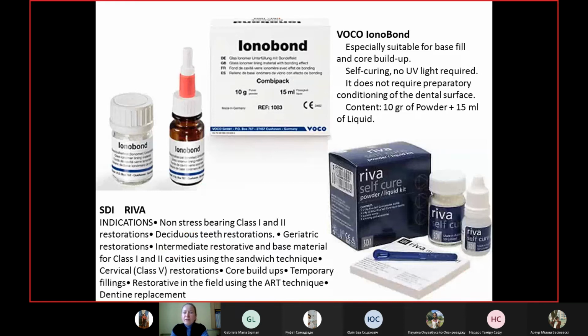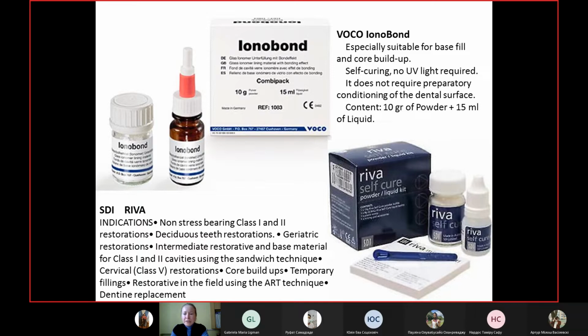The manufacturer recommends using this material even in core build-ups because it's strong enough. It is self-curing, it means chemically activated. It doesn't require any preparatory conditioning of the dental surface. So this manufacturer recommends not to use conditioner.